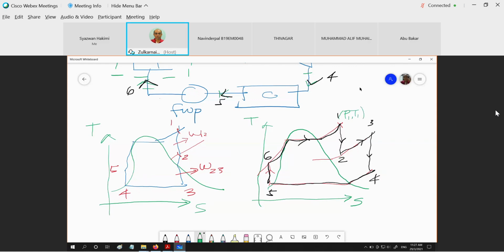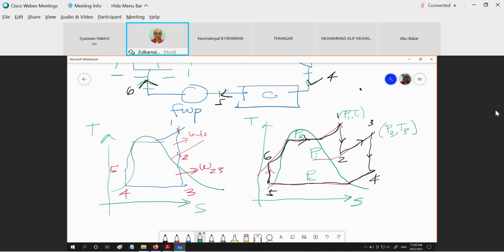Point 3 will be given P3, which is the intermediate pressure, and the temperature T3. This usually is given. Of course, the condenser pressure is also given. The intermediate pressure is P2 equal to P3. This is the boiler pressure, which is the maximum pressure. Okay, maximum pressure, intermediate pressure, condenser pressure. The boiler pressure, P6 equal to P1. The intermediate pressure, P2 equal to P3. The condenser pressure, P4 equal to P5.